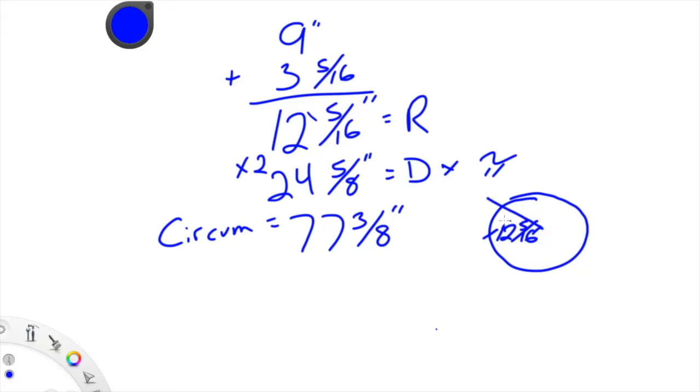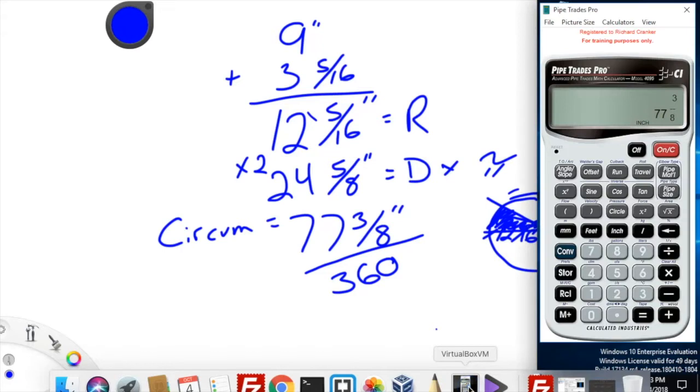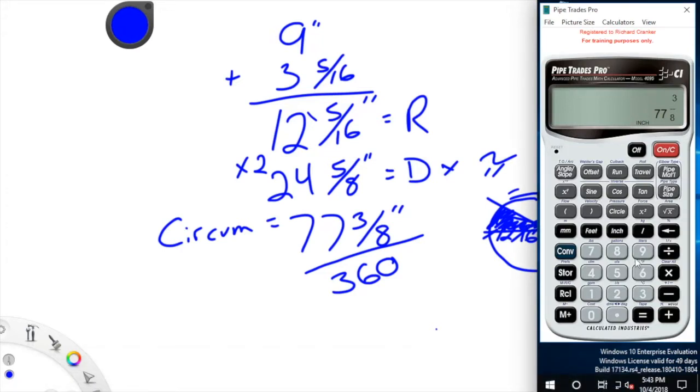Okay, but again, all we need is that 30 degrees. We don't need the whole thing. That circumference is the measurement all the way around that circle, and all we need is that little piece of the pie, 30 degrees. So we're going to take our circumference and divide it by 360. And that'll tell us again how many inches per degree there are in that arc, or that circumference.